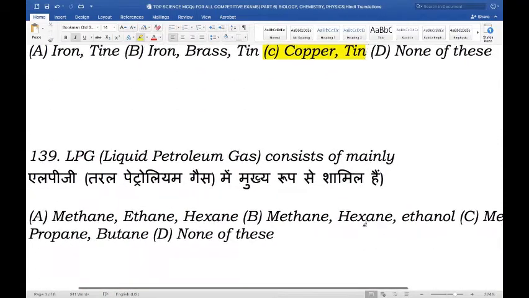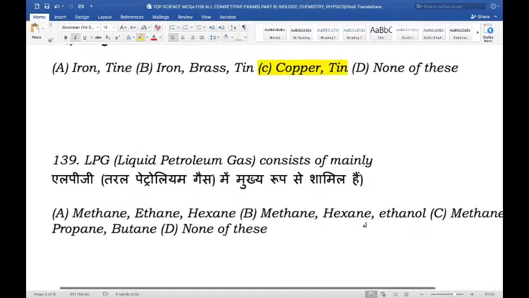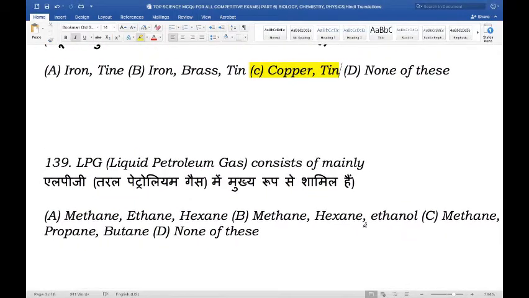Question number 139. LPG, also known as liquid petroleum gas, consists of mainly, is it A, methane, ethane, hexane, B, methane, hexane, ethanol, C, methane, propane, butane, or D, none of these?